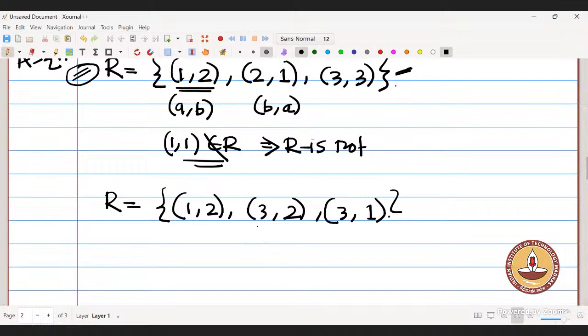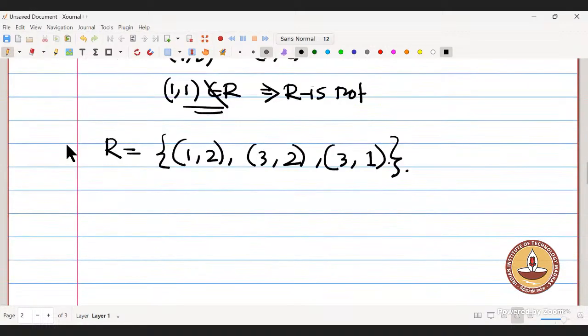What about this one? Is it transitive? Yes, it is transitive. Right? Because see, you pick (1,2).